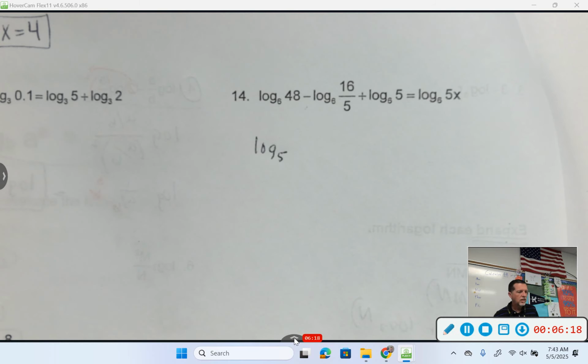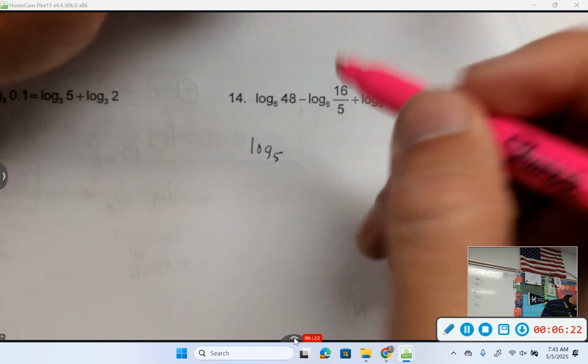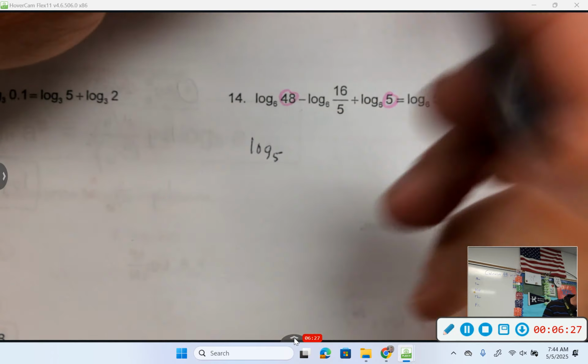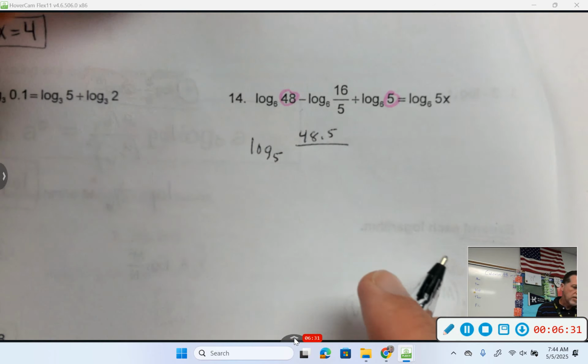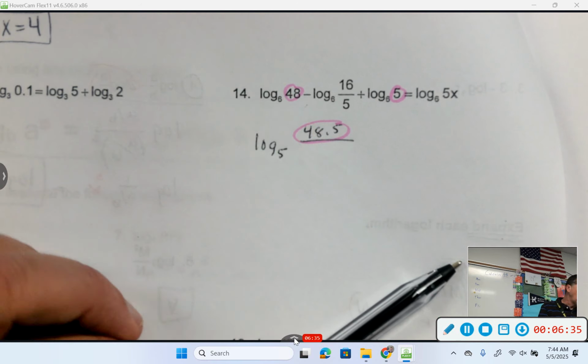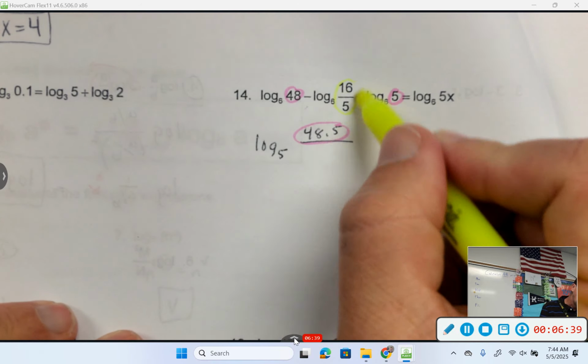Do the adding first. Okay, we can. The things that are added are the things that are multiplied. So in the top is 48 times 5, and then divided by 16 over 5.